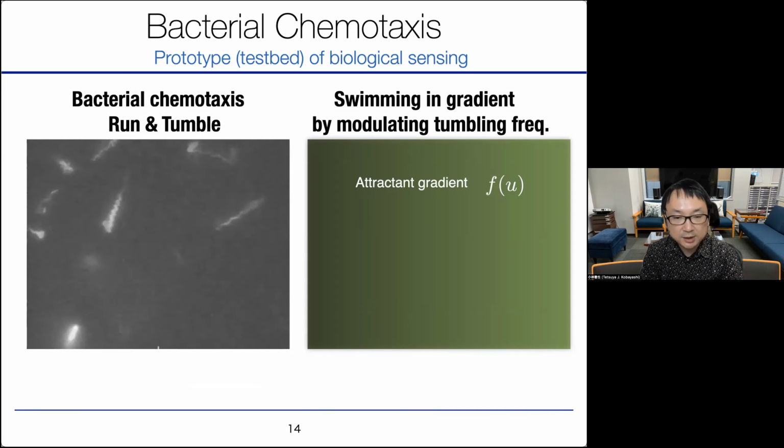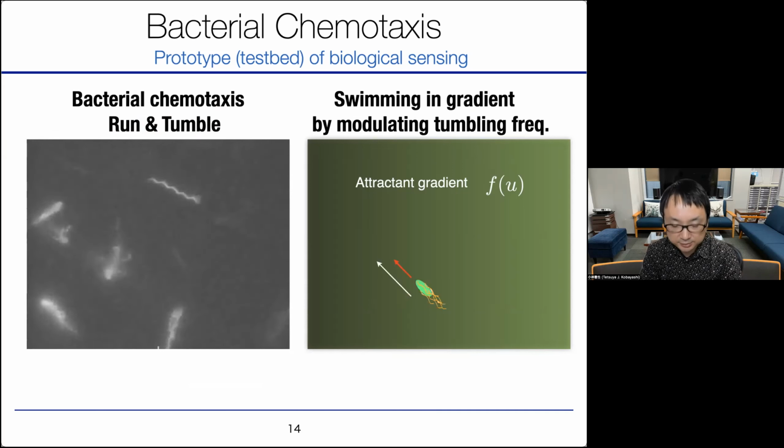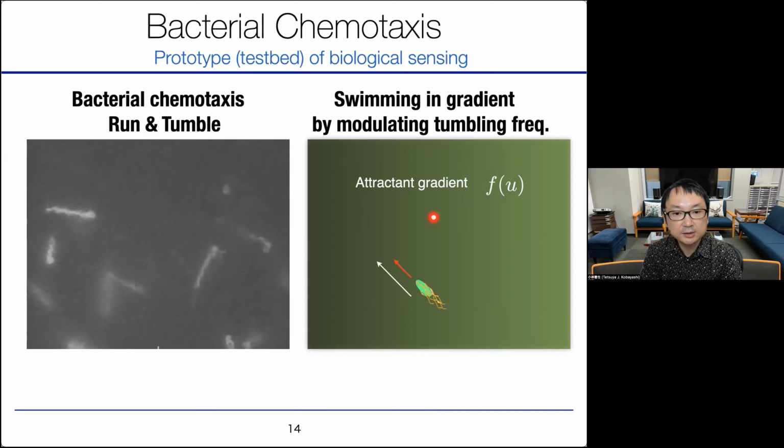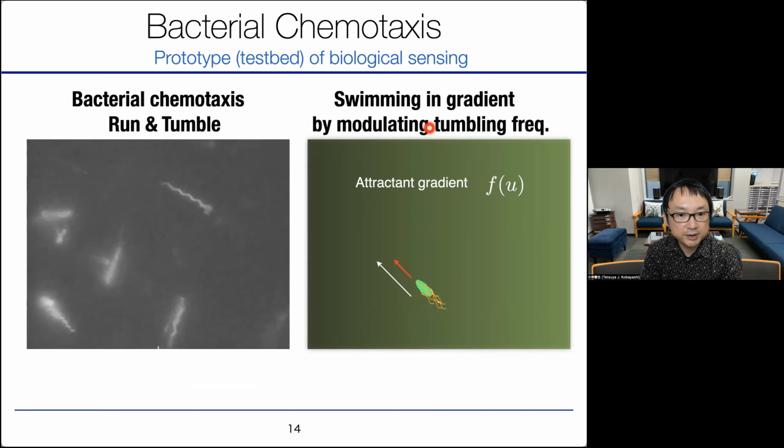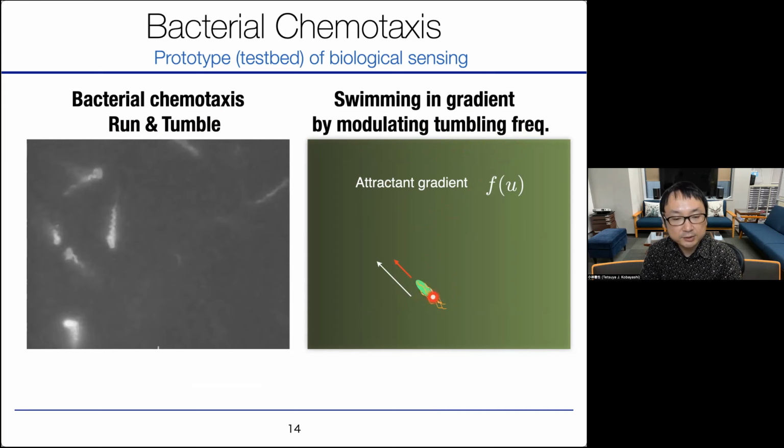If these cells are exposed to an attractant gradient, a cell tries to modulate the frequency of this random tumbling. If a cell feels that it's going down the gradient, this cell increases the frequency of random tumbling.